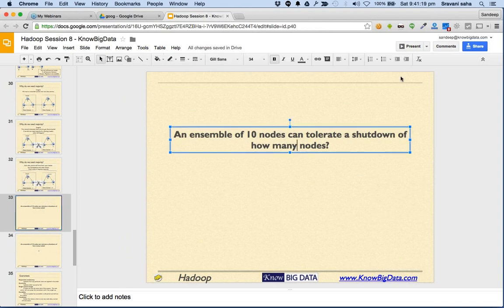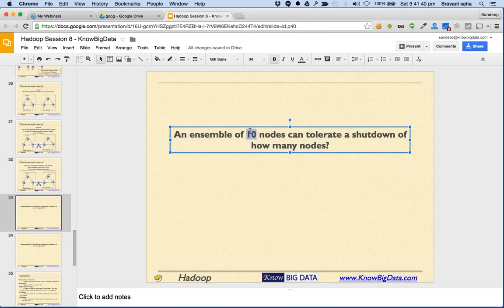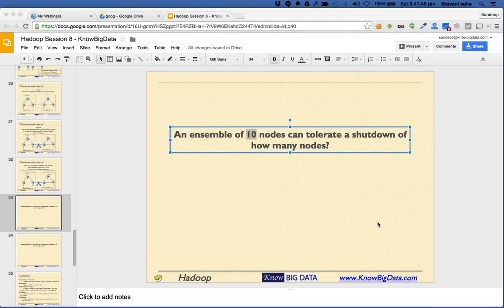Okay. And an ensemble of 100 nodes can tolerate a shutdown of how many nodes? Anyone? Quickly. An ensemble of 10 nodes, not 100, sorry. 10 nodes can tolerate a shutdown of how many nodes?